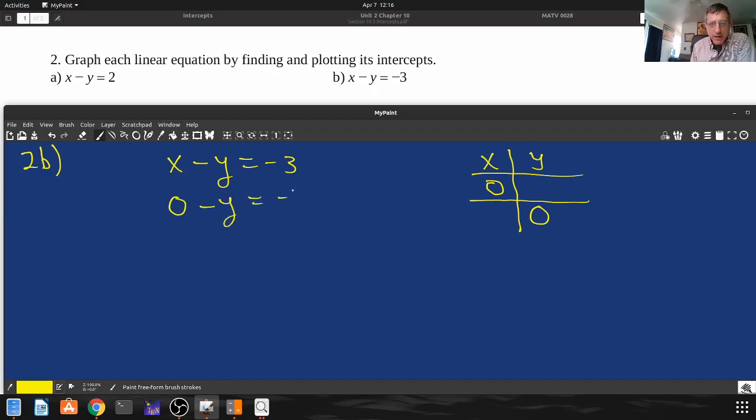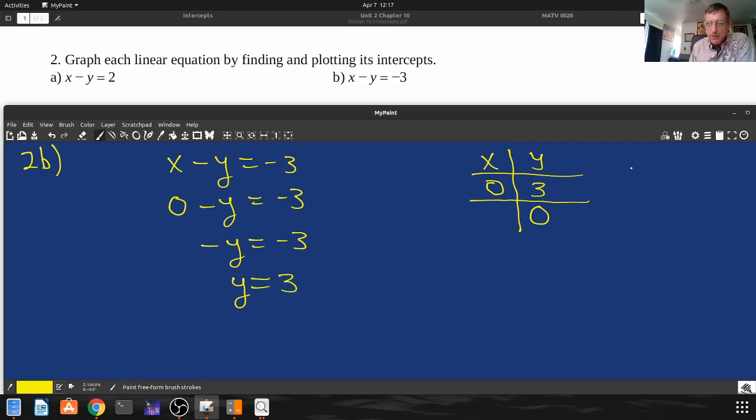Find out the value of y. That gives me minus y is equal to minus 3. So I can either move the y to the right hand side and the 3 over, or I can multiply both sides by minus 1 or divide by minus 1. Either way, it gives me y is equal to 3.